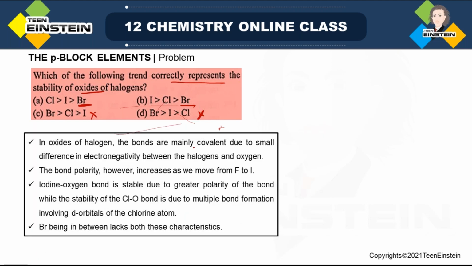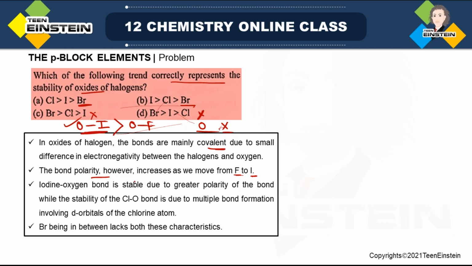In oxides of halogen, the bonds are mainly covalent in nature, because the oxygen and halogen electronegativity difference is not very high. So they will not form ionic bonds, they will form covalent. The bond polarity, however, increases as we move from F to I. So when it is an OF bond and when it is an OI bond, obviously the electronegativity difference is high in this case, because iodine is more electropositive.